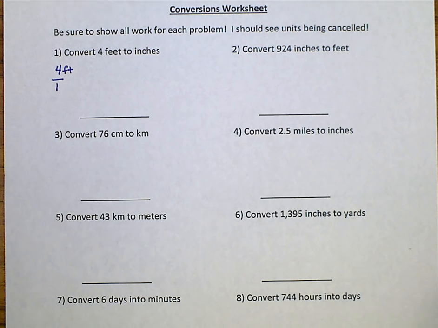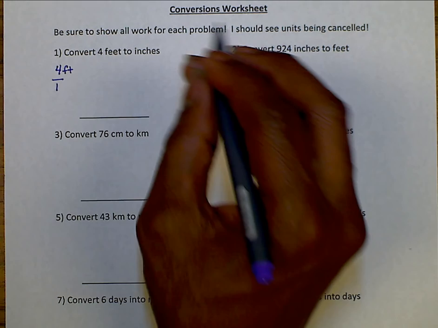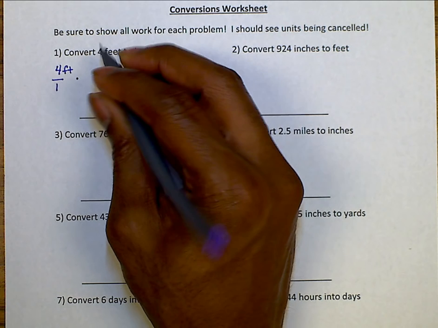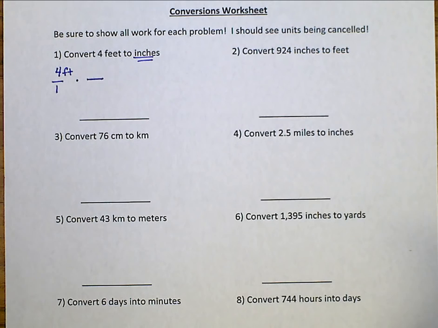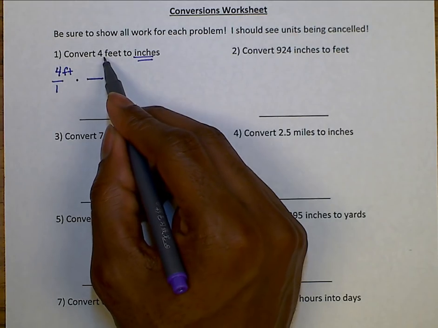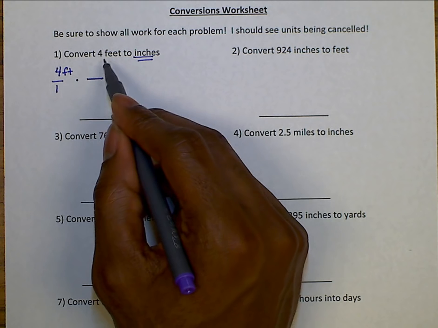Okay, the next thing that we want to focus on is the unit that we want to end up with. So in this case we want to end up with inches. And so I'm going to use my ratio and I'm going to multiply by something. When we're multiplying, the only way that we can multiply something and keep the value the same is to multiply by 1.